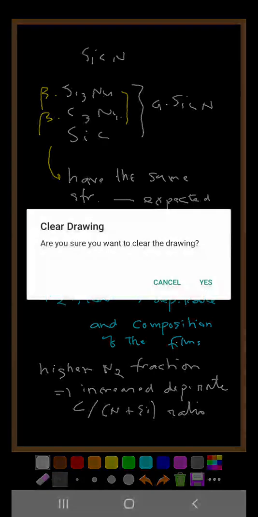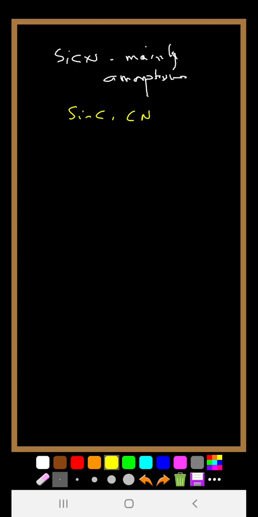So what we can find is that the SiCN films are mainly amorphous in nature, with the existence of single and double bonds.